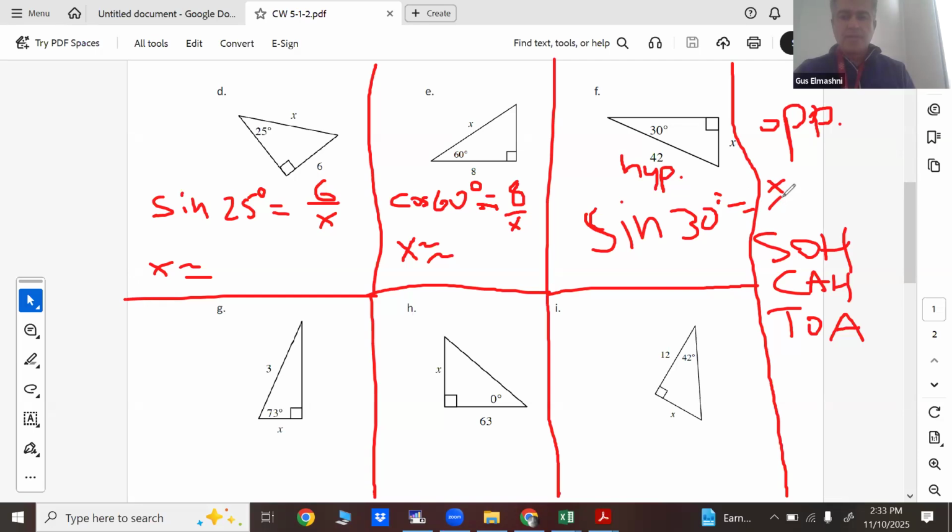Opposite over hypotenuse. Correct. My mouse is really struggling here. And then this one's going to be cosine equals x over 3.